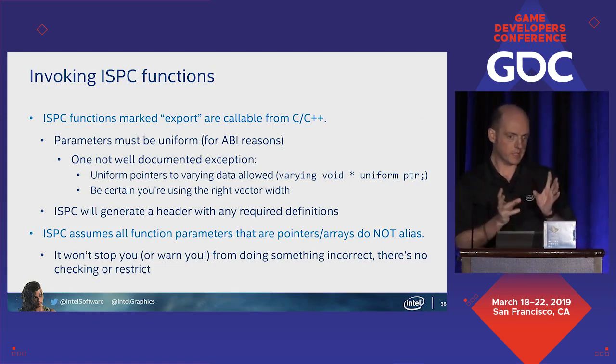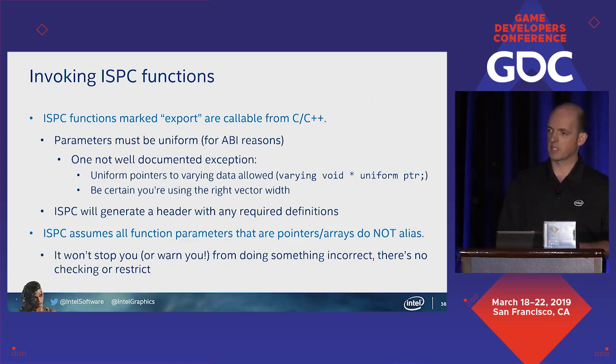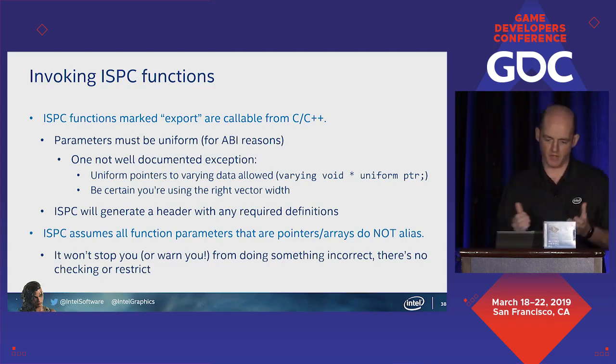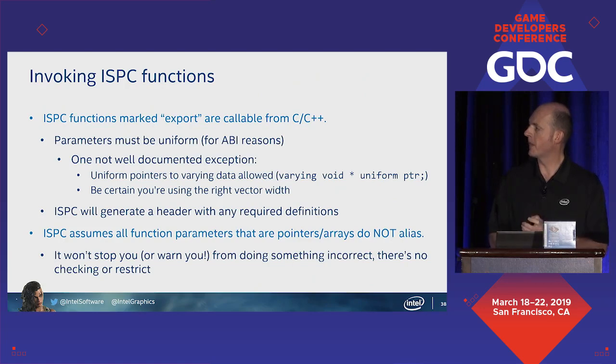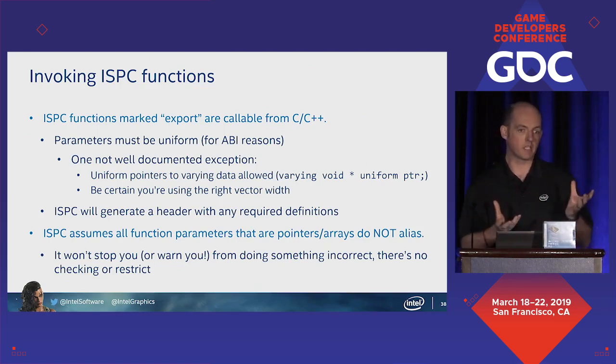To make sure that you can call into your ISPC kernels correctly, the assumption is that all of the parameters that you pass in are scalar, obviously so they're uniform, because your application code is not aware of the notion of varyings. There is one exception, and this is uniform pointers to varying data. This is allowed. One of the main reasons is often there'll be a design pattern where you've got your code you want to work on.